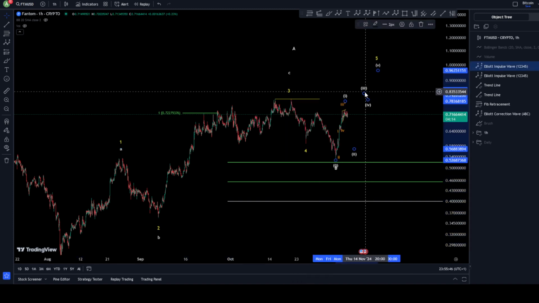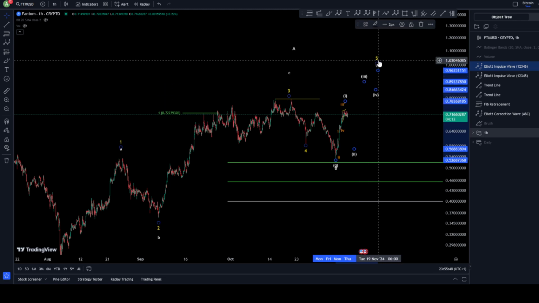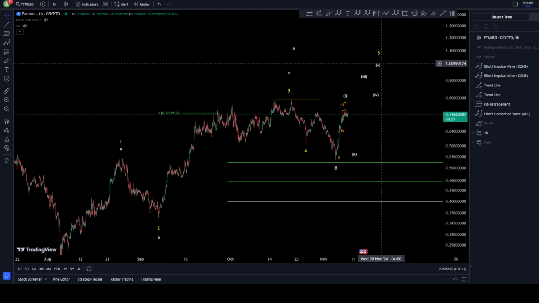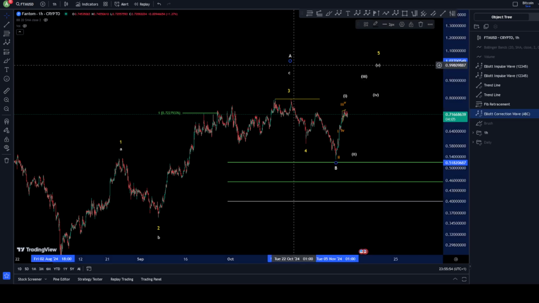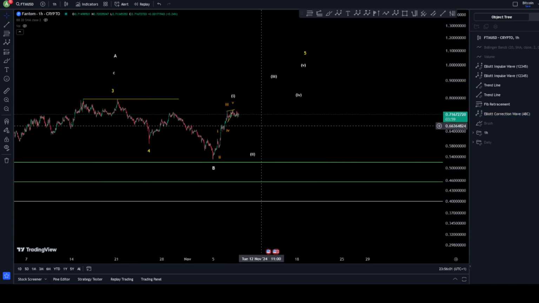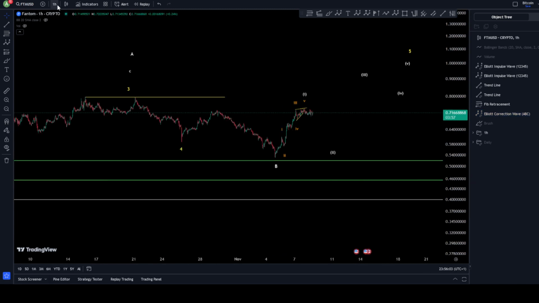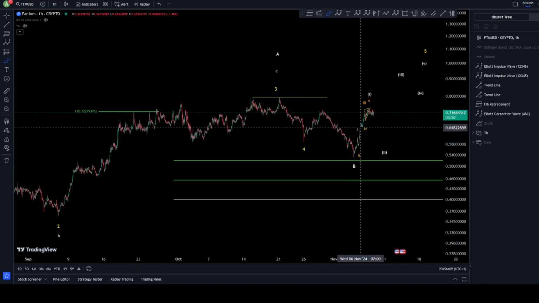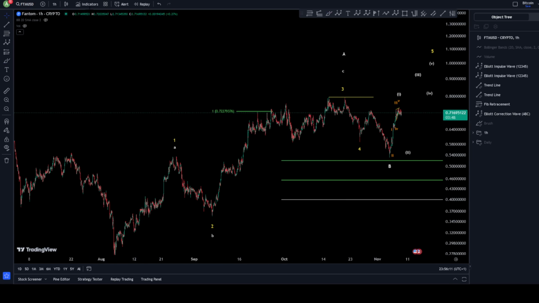So this 3, 4, 5 is going to finish the wave 5 in the yellow. So 1, 2, 3, 4, and 5. Very possible. So again, the bullish scenario is higher on the lower time frame, and even on the daily it can be. But I would wait for wave 2, 3, 4, and a 5 towards the upside, finishing a bigger impulse.